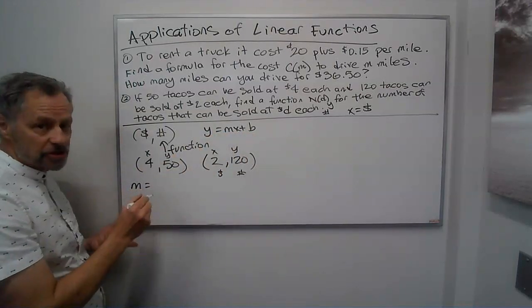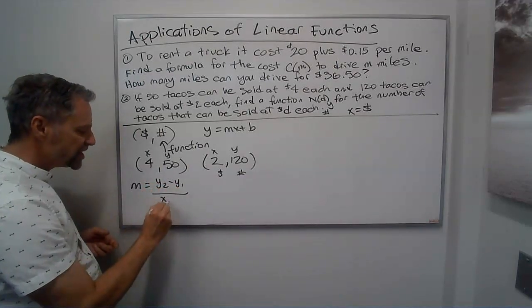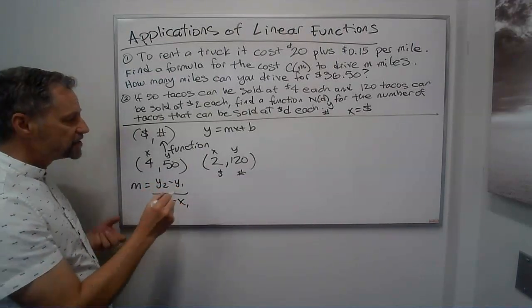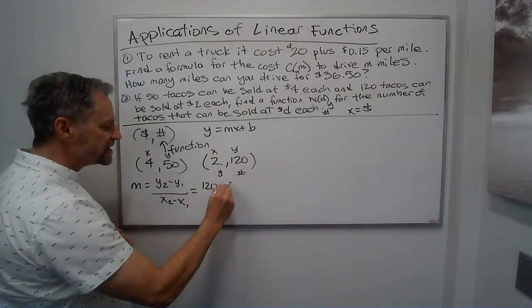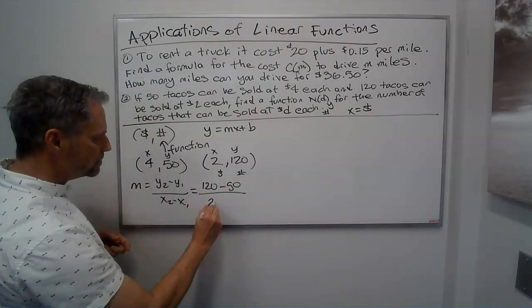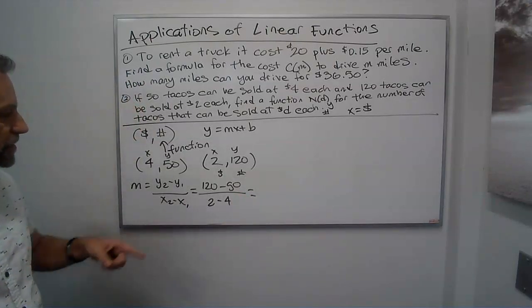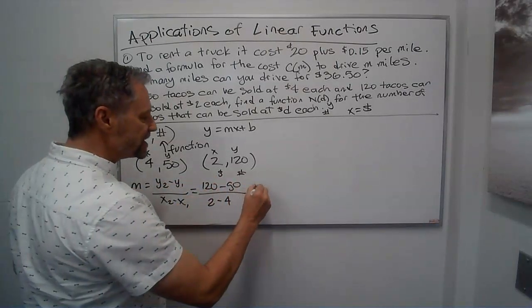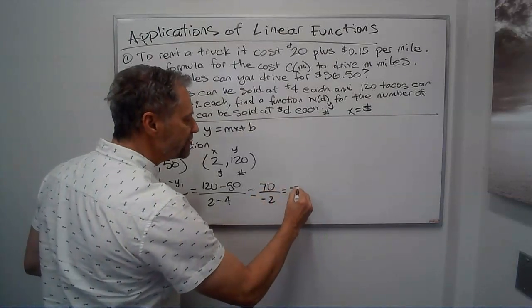Remember, M's the slope. That's the change in Y, Y2 minus Y1, over the change in X. So I go 120 minus 50, that's my change in Y, and then I do 2 minus 4. So 120 minus 50 is 70. 2 minus 4 is negative 2, so I get negative 35.